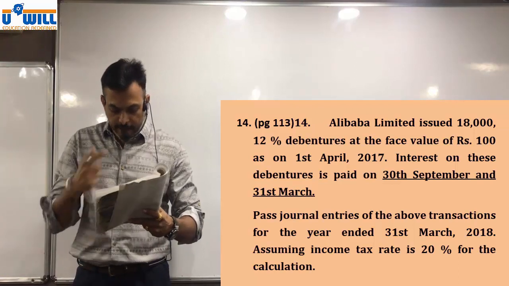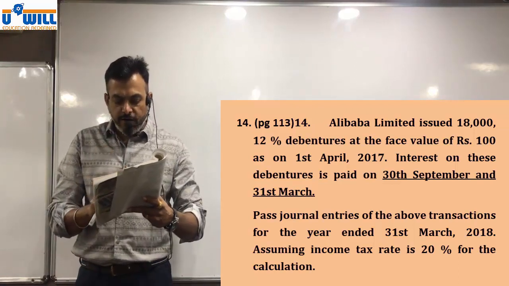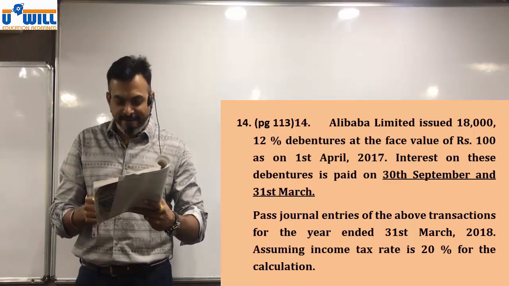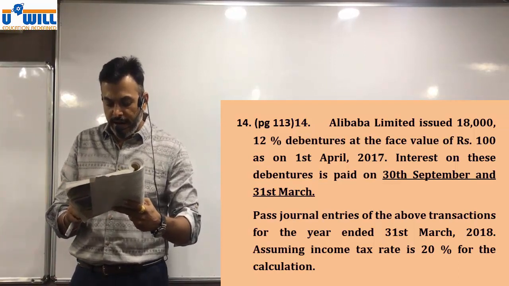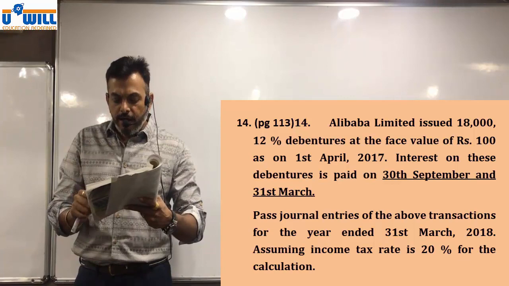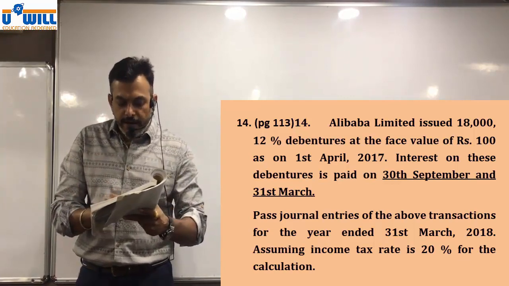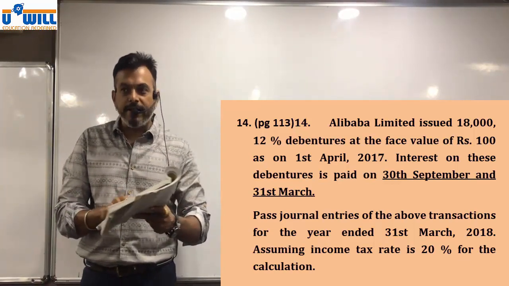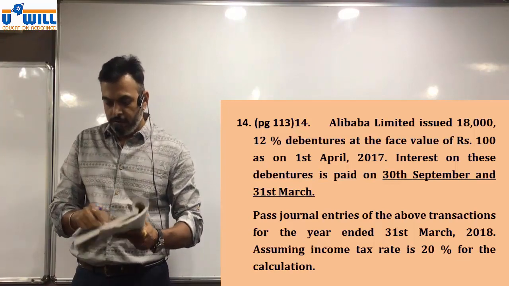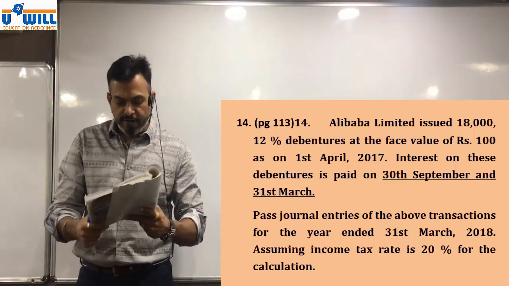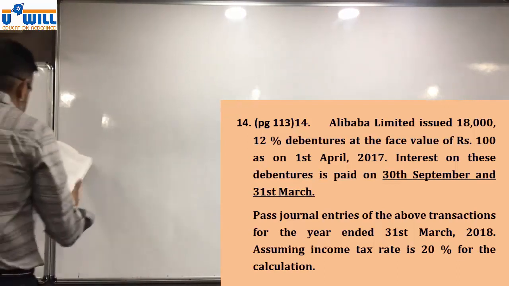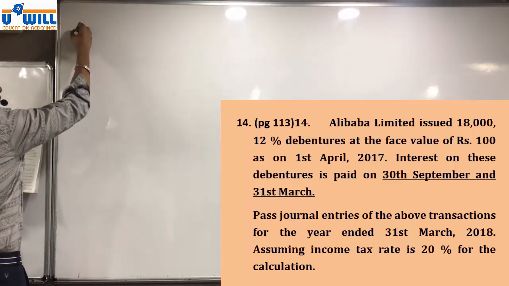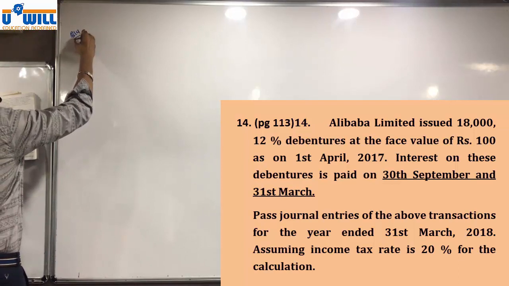Pass journal entries for the above transaction for the year ended 31st March 2018. Assuming income tax rate is 20%, underline this for the calculation. Heading: Question 14, page 113.